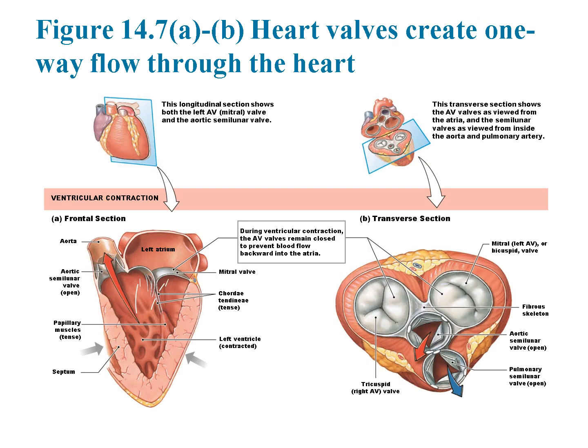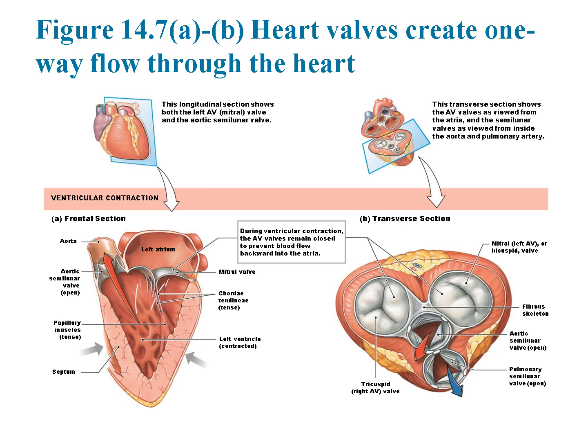The heart's valves play a crucial role in maintaining unidirectional blood flow and preventing backflow during the cardiac cycle. This diagram highlights the function of the atrioventricular (AV) and semilunar valves during ventricular contraction. In the frontal section, we can see the left AV valve, also known as the mitral valve, positioned between the left atrium and left ventricle.